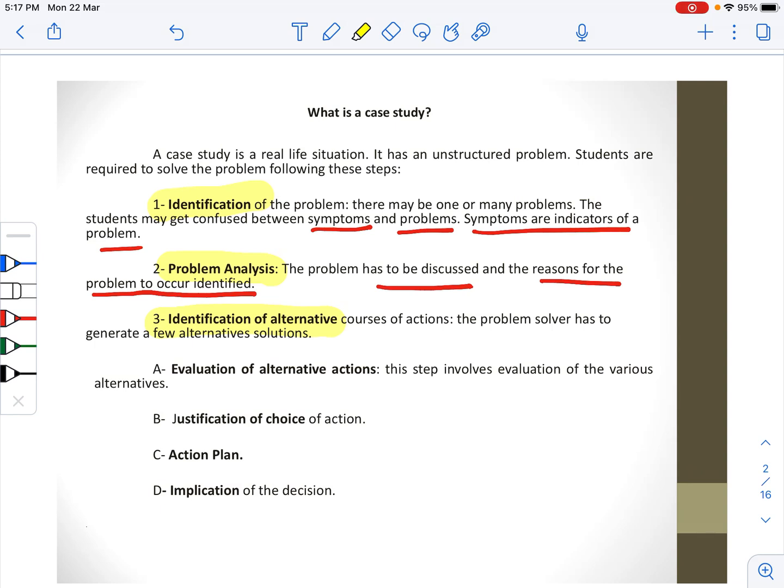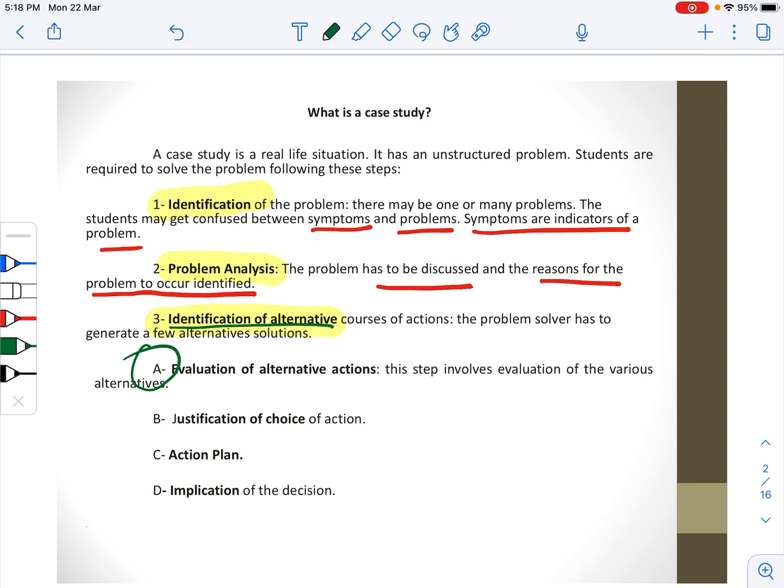Let me go again. Identification of alternative courses of action. When you identify the alternative courses, you will involve a few steps, A, B, C and D. Step A is the evaluation of alternative actions.